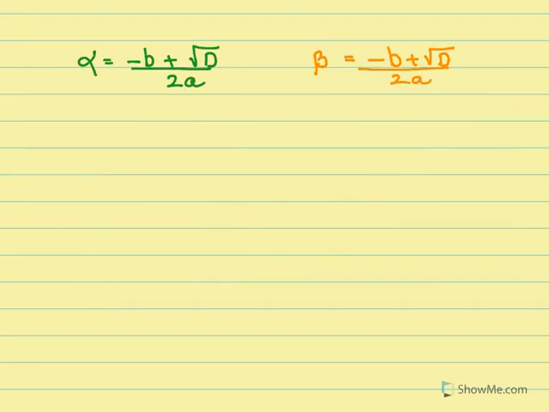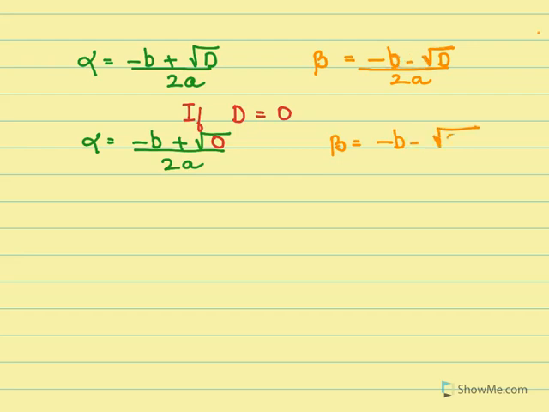Now again, alpha, beta, we know. What if D equals 0? Here we write alpha equal to minus b plus under root D over 2a, and beta equal to minus b minus under root D over 2a. Here we have taken D as 0. Now under root of 0 is 0, so alpha becomes minus b over 2a, and beta also is minus b over 2a.